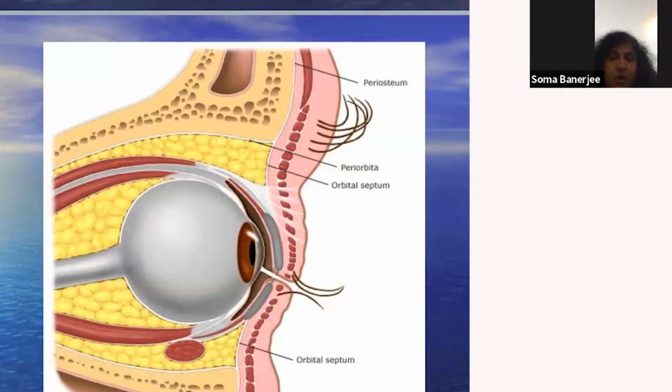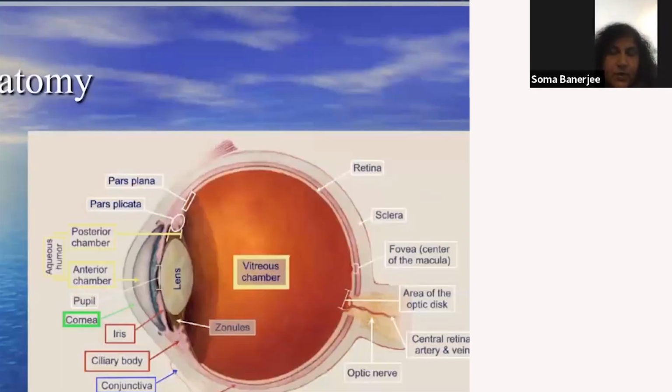But most of my talk today is about the eye itself. So, a little refresher on the actual structures in the eye. Right at the front, you have the cornea and the conjunctiva, which is the superficial covering.